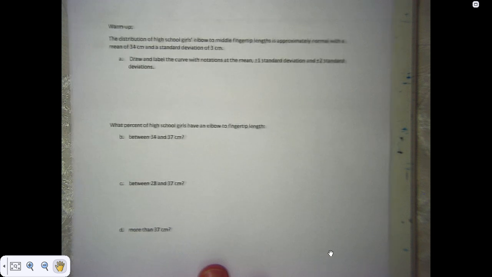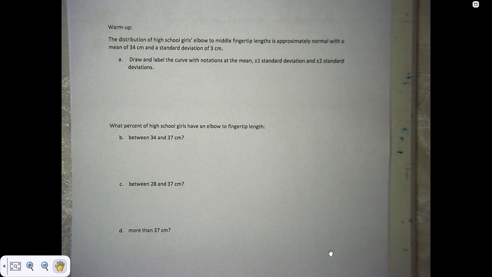Okay, so this is the warm up for today. It says the distribution of high school girls' elbow to middle fingertip lengths is approximately normal, with a mean of 34 centimeters and a standard deviation of 3 centimeters. Draw and label the curve with notations at the mean, plus and minus 1 standard deviation, and plus or minus 2 standard deviations.